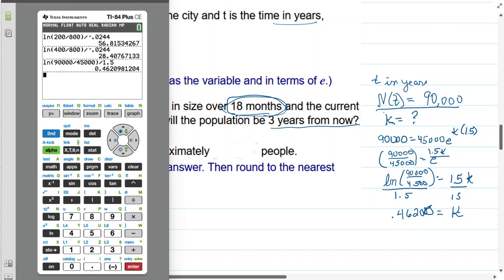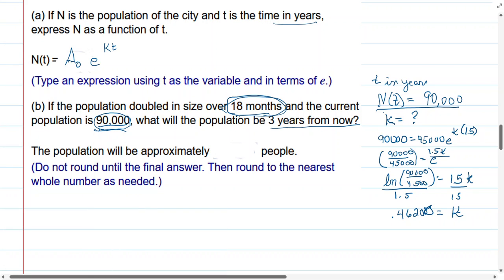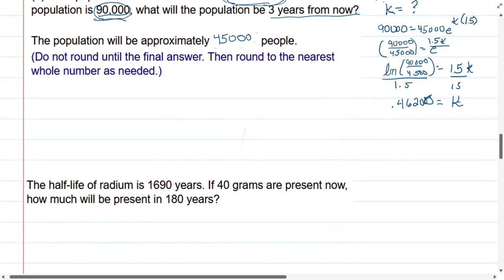Now let's see if I wrote it so that I would have the population is approximately, this one was easy. This one was 45,000.